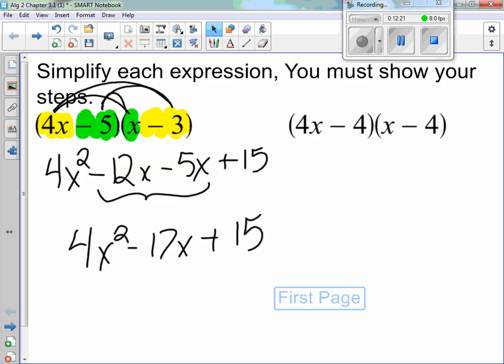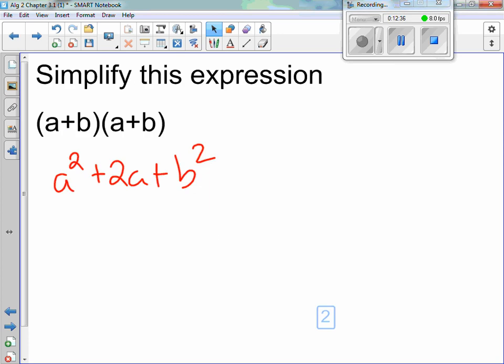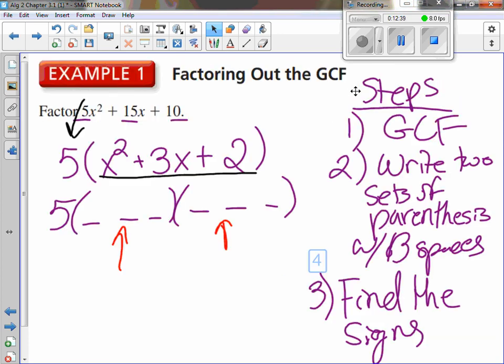Now let's go back here. So these were both negative, yes? What is the sign of the middle terms before we combine them? They're both negative, yes? So the sign of the middle term is negative when we finish, yes? So if this is positive and this is positive, that means our signs have to both be positive.